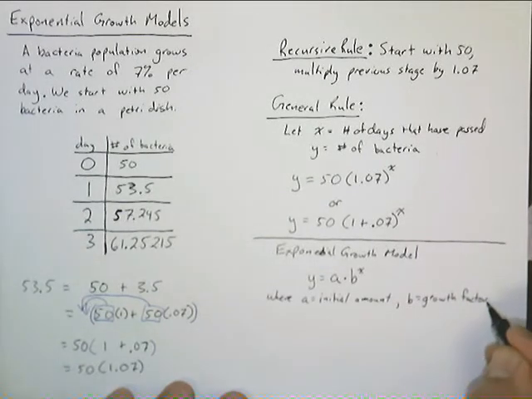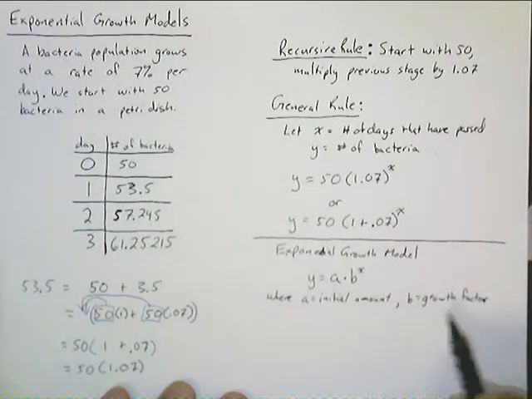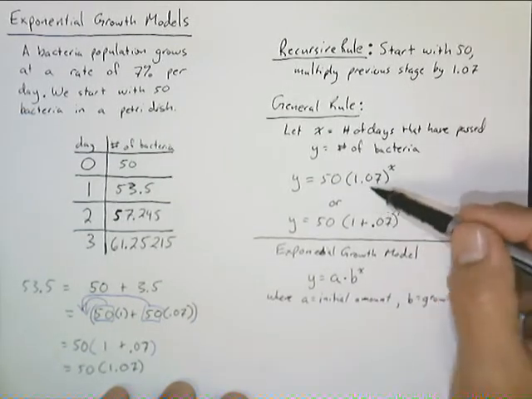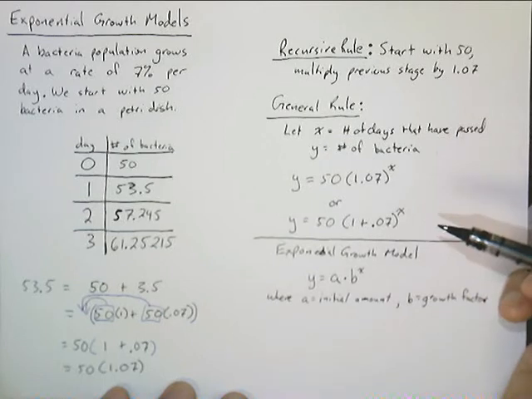Factors are, of course, things that we multiply together. So we're multiplying by b over and over and over again. That b would be like the 1.07 up here in our example.